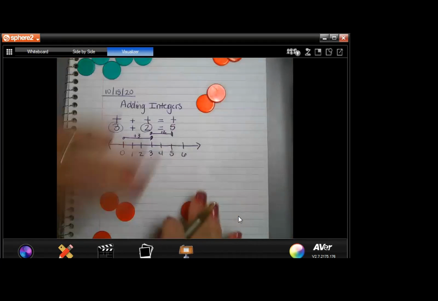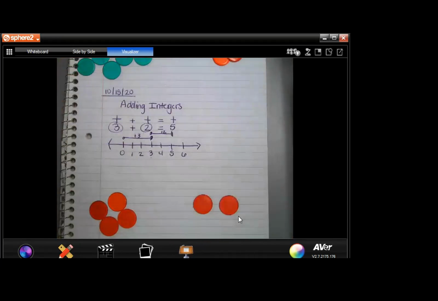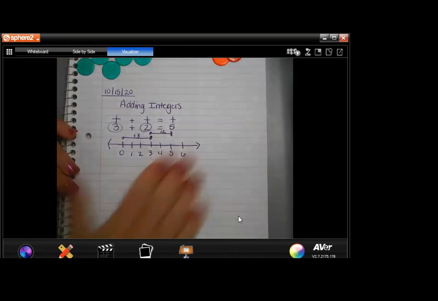Okay. Now let's look at the negatives. So these little red guys here, these are negatives. So if I have -4 and a -2, okay, they're all the same color, so I can group them together to get a -6. We can group all of those together.